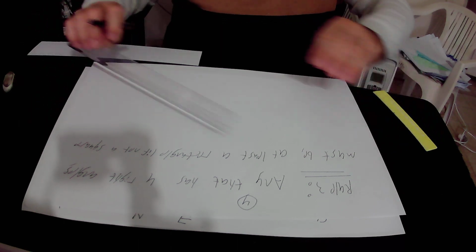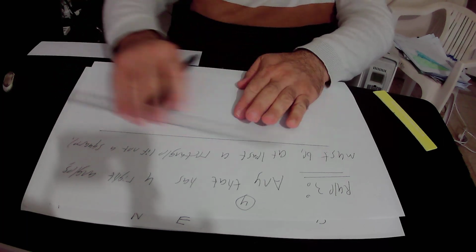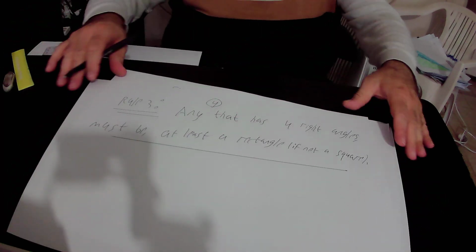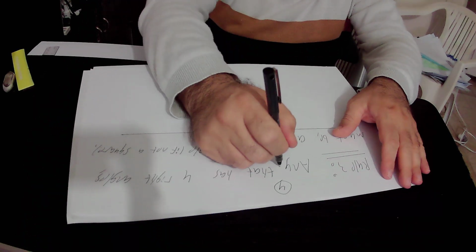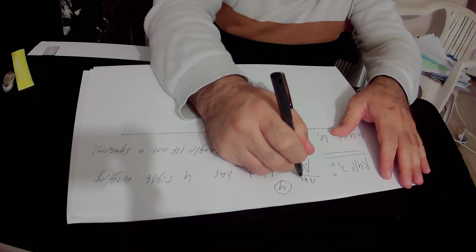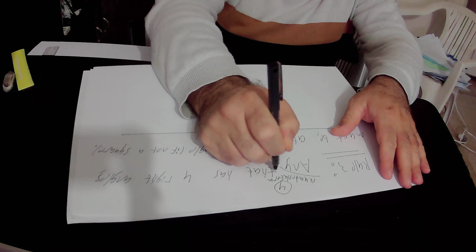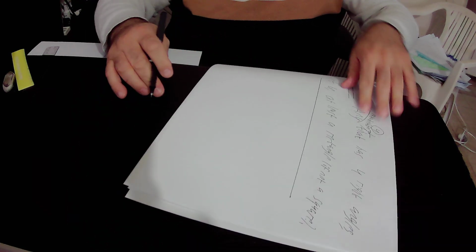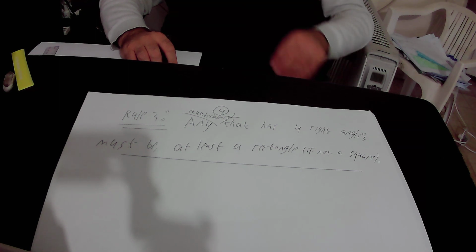So I'll read rule number 3 again. According to rule number 3, any quadrilateral that has 4 right angles must be at least a rectangle, if not a square.